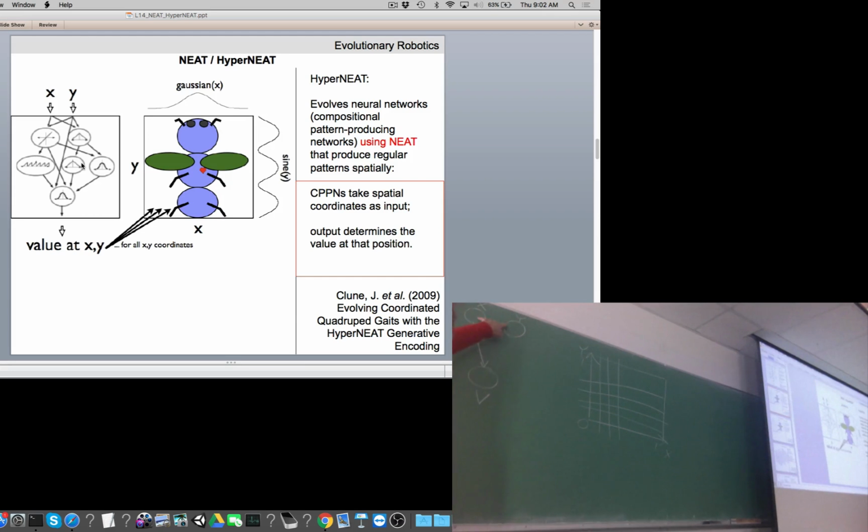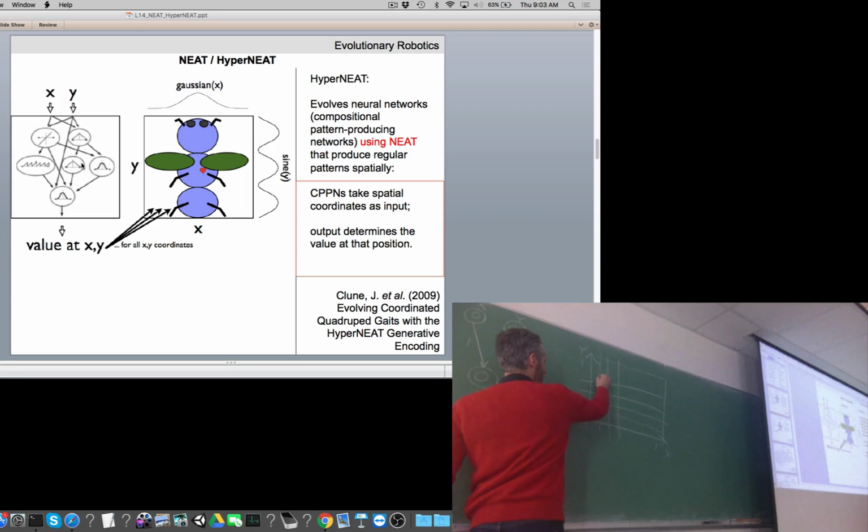If I take 0, 0 and feed it into my network, we don't know what's going to happen because we need a synaptic weight, so let's set our synaptic weight to 1. What happens if I feed in coordinate 0, 0? What's the value that arrives at the output? Let's assume there's no thresholding function. Let's keep this simple. 0. Okay, so the value that is placed in here is 0. What happens if I visit x equals 0, y equals 0.1?